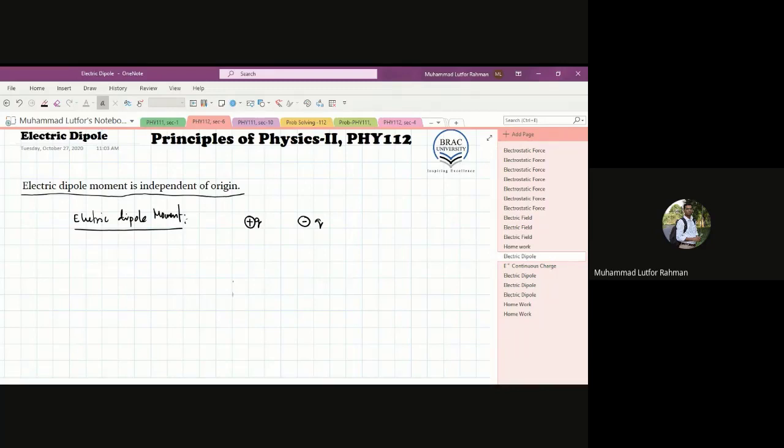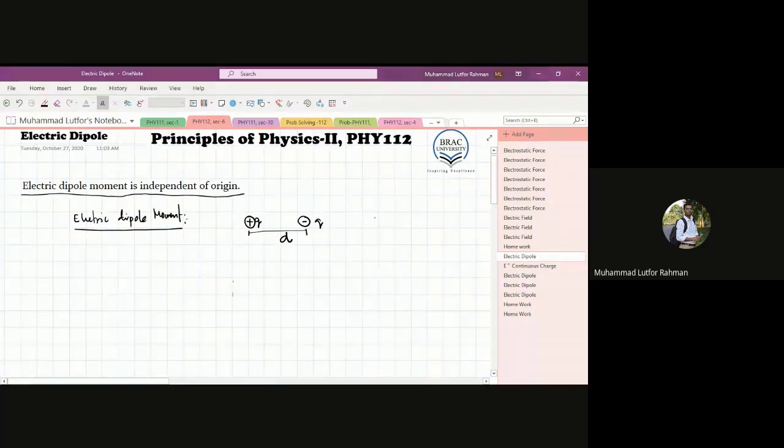And the distance between these 2 charges, from center to center, say that d. Sometimes we also express it by r.